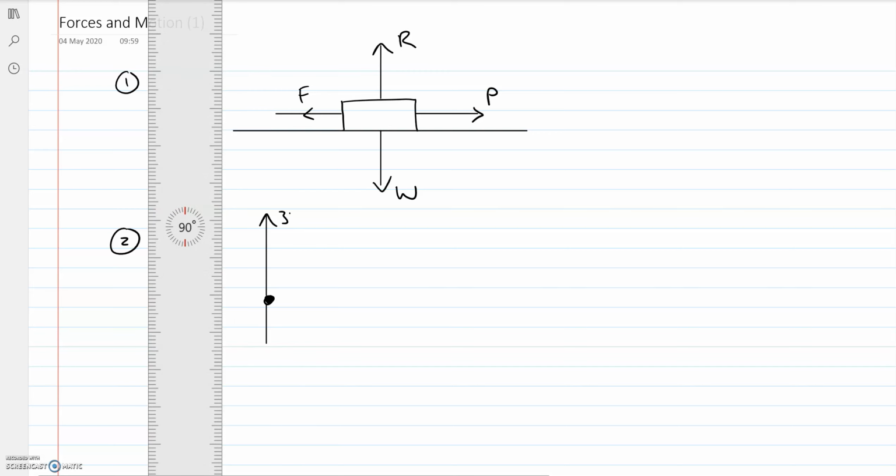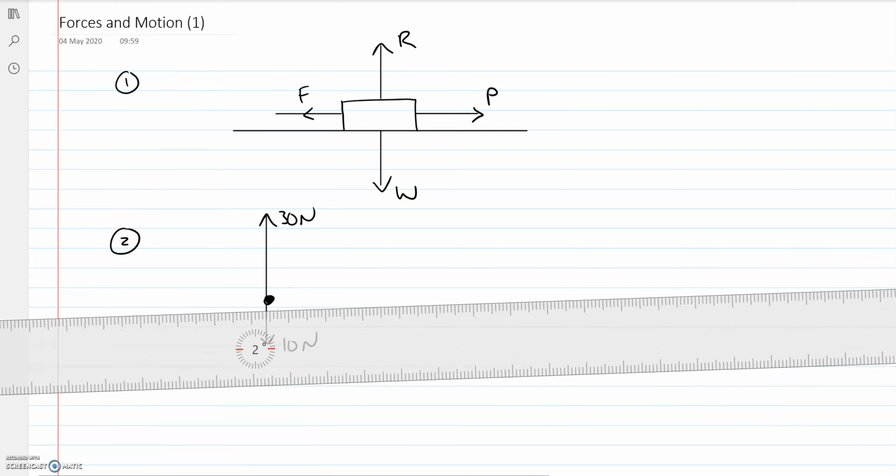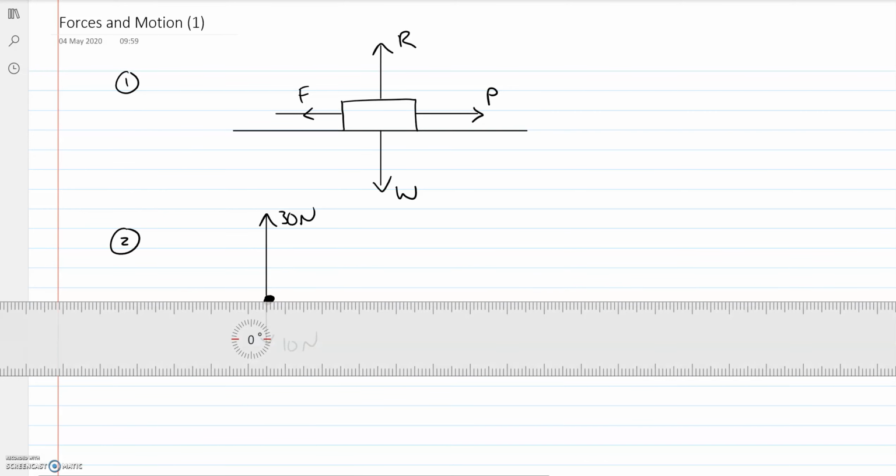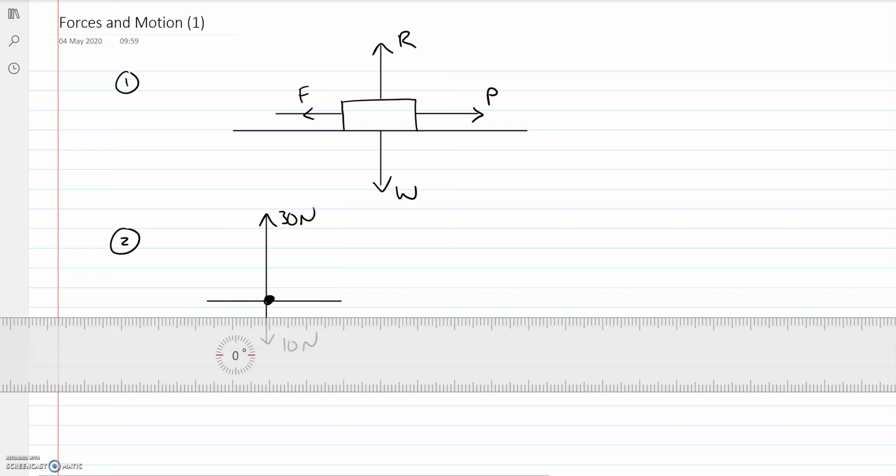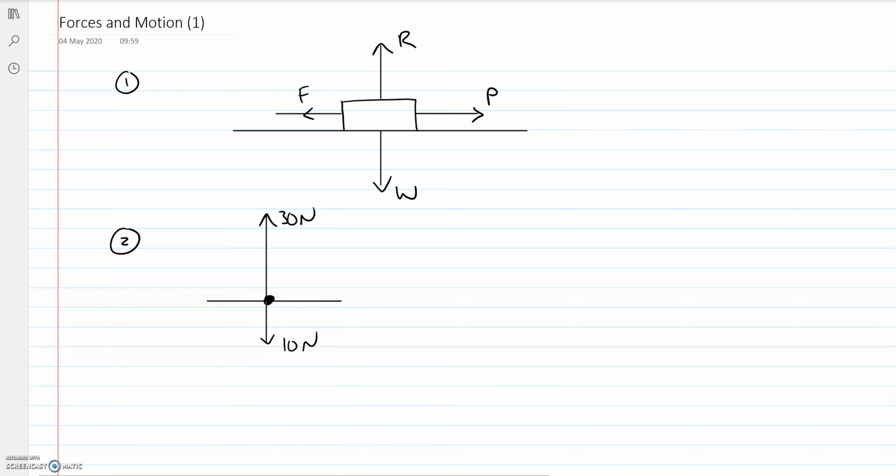Don't worry, it doesn't have to be length to scale or anything. The values are the most important thing. And then we've got 20 newtons each way. So it looks like this.